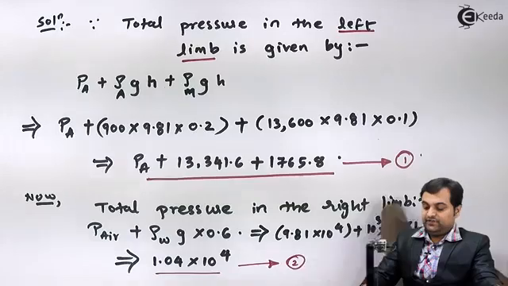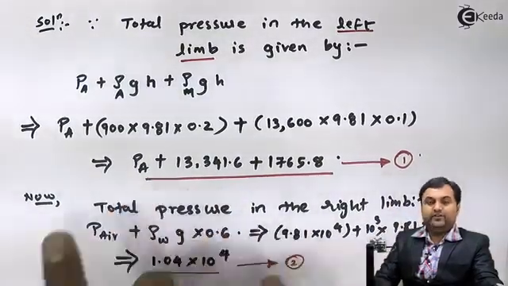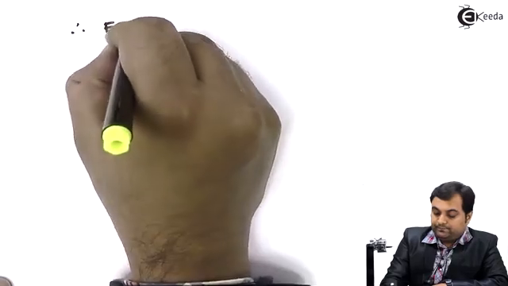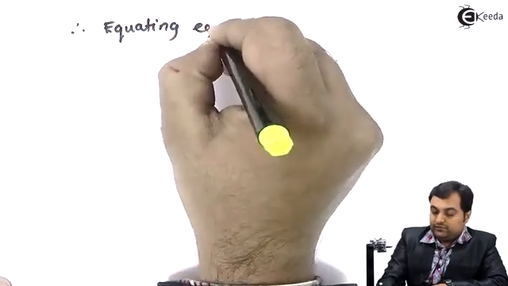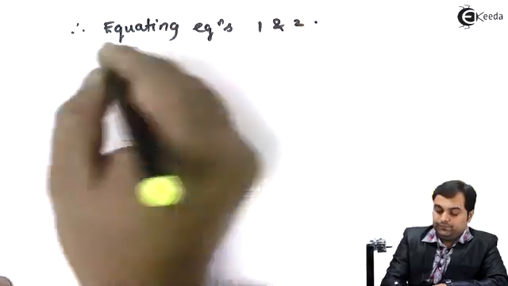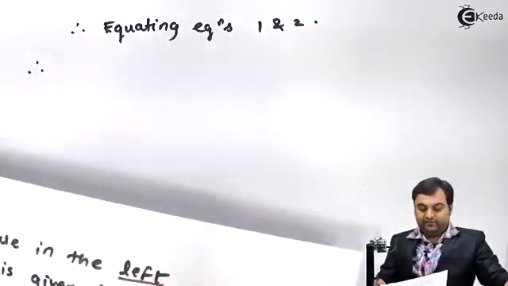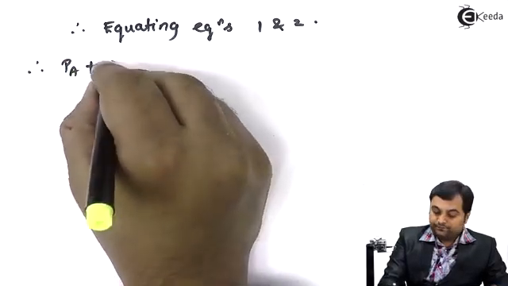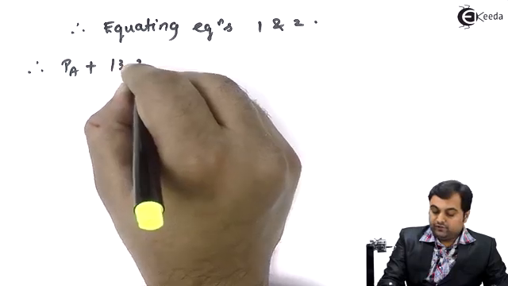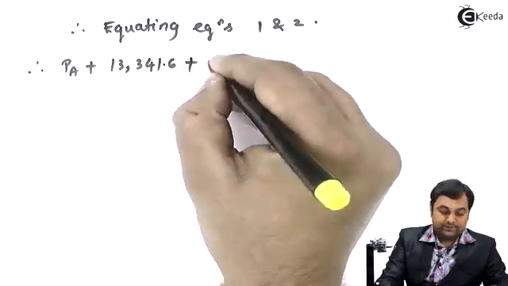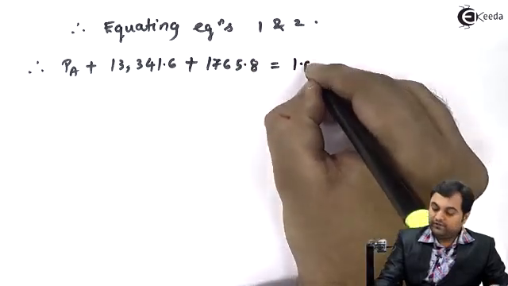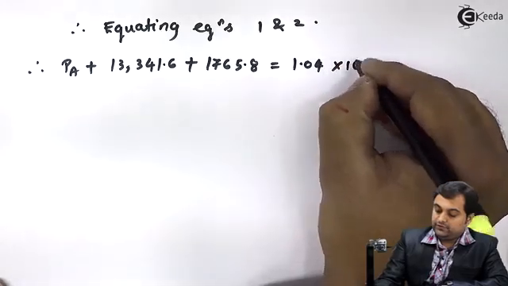Now once I have equations 1 and 2, I will equate both of them and get the value of pressure at point A. So equating equations 1 and 2, I would have PA plus 13,341.6 plus 1765.8 is equal to the value on right hand side, 1.04 into 10 raised to 4.